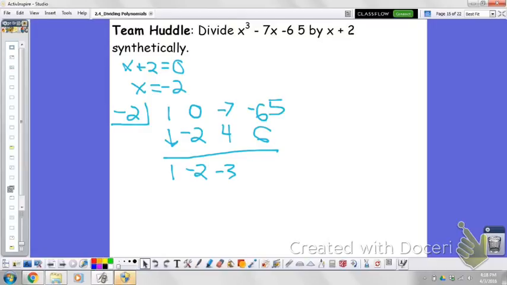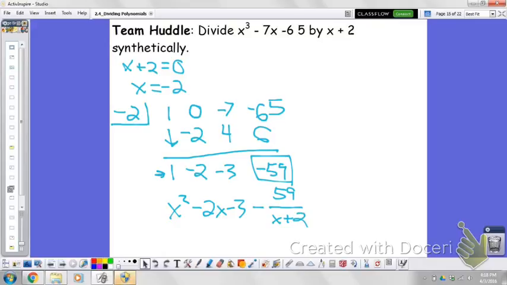Negative 65 plus 6 is negative 59. And then this will be my remainder. Write out my solution. Start with the x squared. So the coefficient of the x squared is 1. So I have x squared minus 2x minus 3 with a remainder of minus 59 over x plus 2 as my solution.